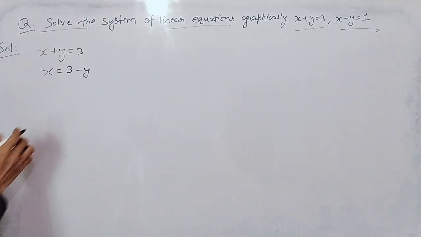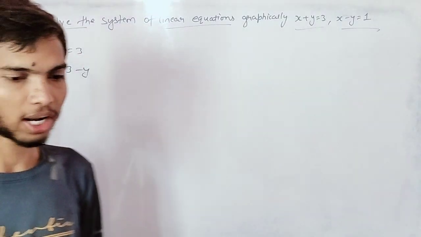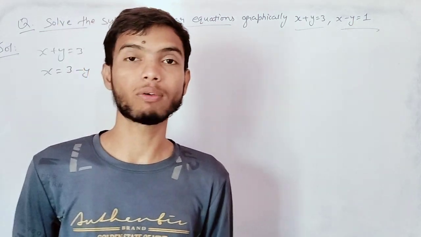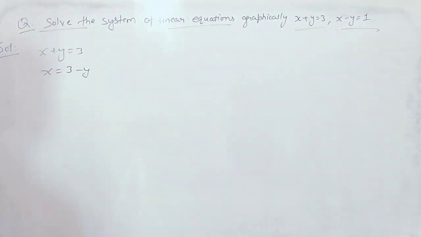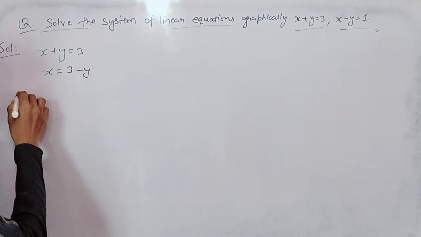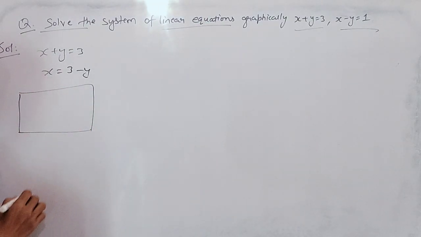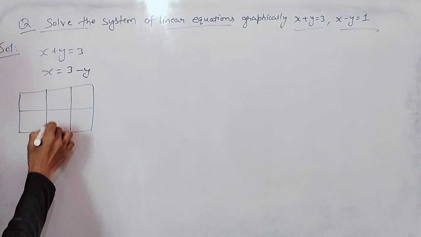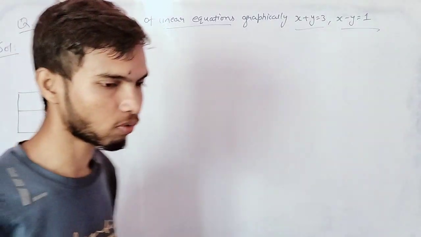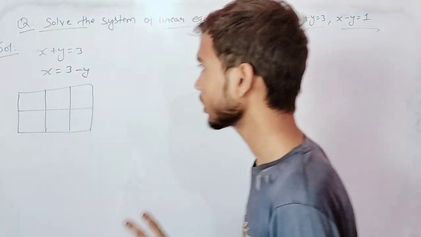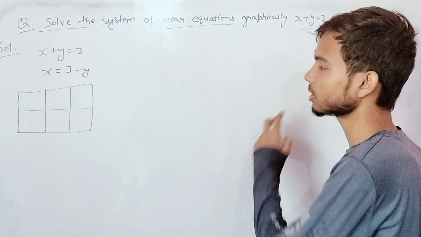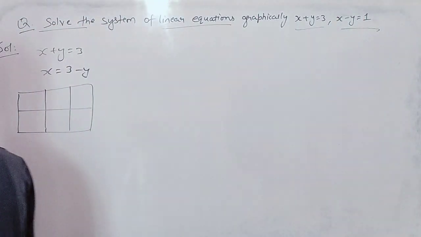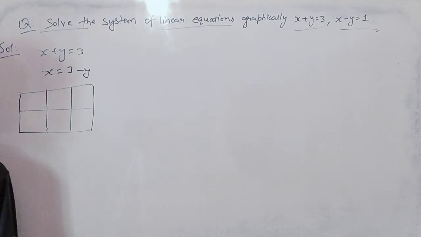Now when we put any number as the value of y, then you will get something as x. Now we can draw a box. As of now, we are finding only two solutions of this linear equation. You can find more solutions apart from two.